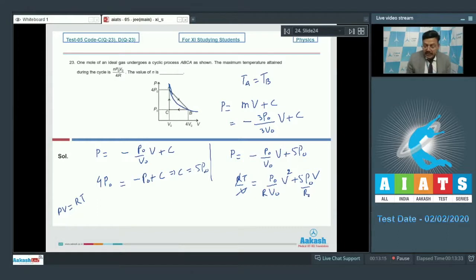So this is the expression for T, with a minus sign of course. We can see that it's an inverted parabola in the T versus V graph.